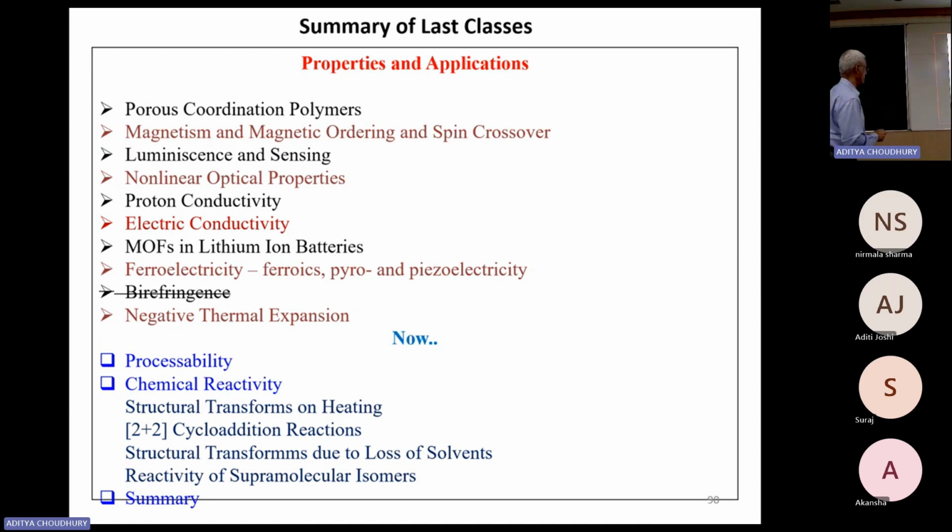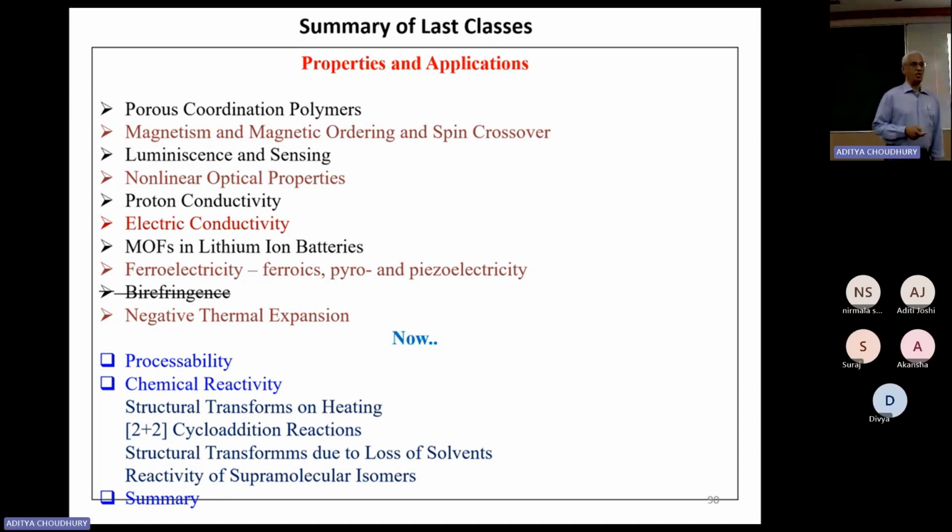Of course, again, for MOFs to exhibit ferroelectric properties, ferroic properties, we have to crystallize in a special space group or point group, what is called a polar point group. And then it exhibits very, very interesting properties.